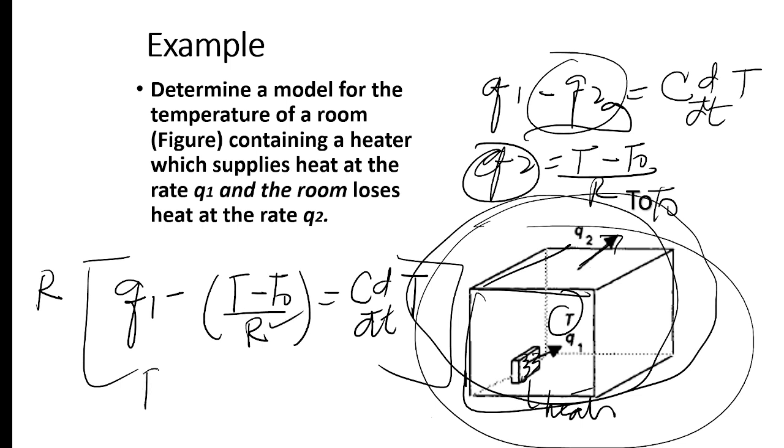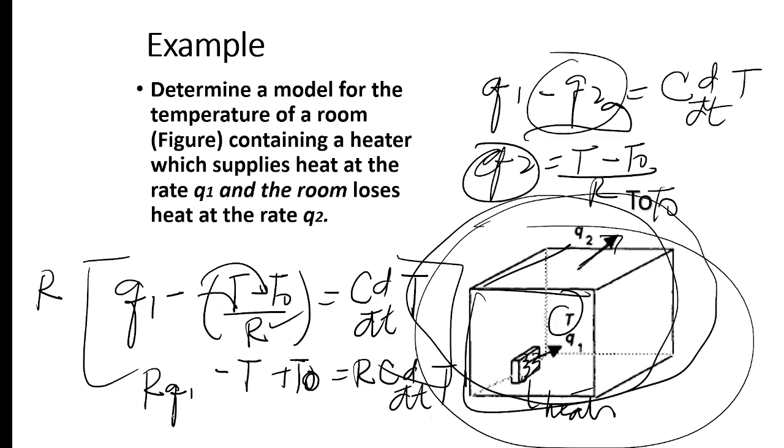So R Q1 minus T plus TO, then we multiply this with R times C d over dt of T. So RC d over dt of T equals RQ1, I just rearrange now, plus T outside minus T.